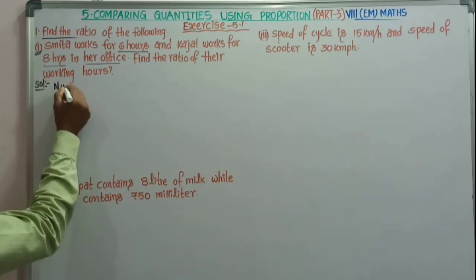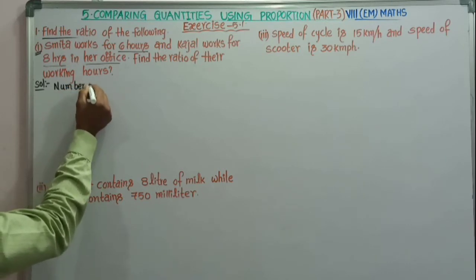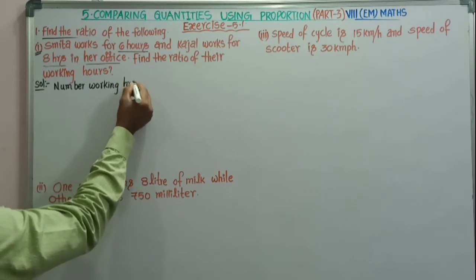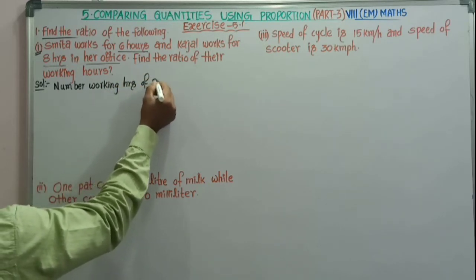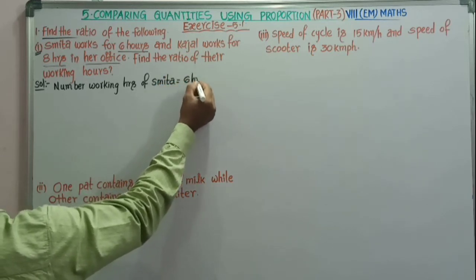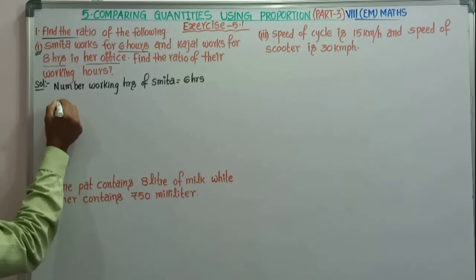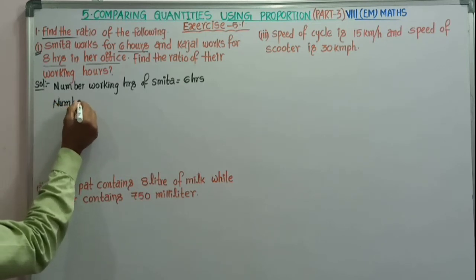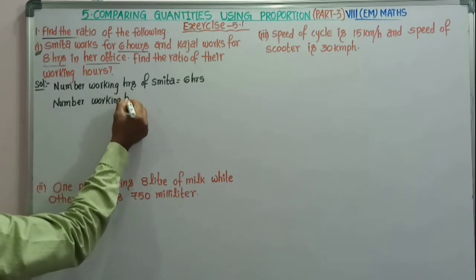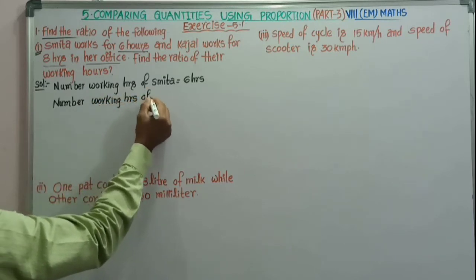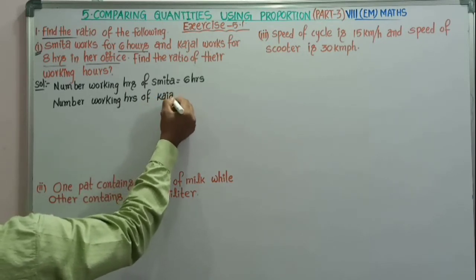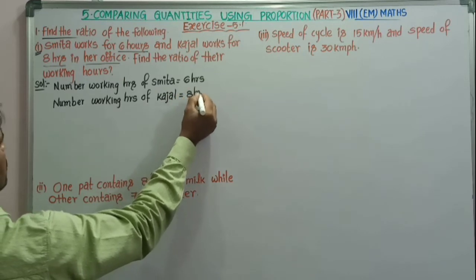The number of working hours of Smita is 6 hours, and that of Kajal is 8 hours.